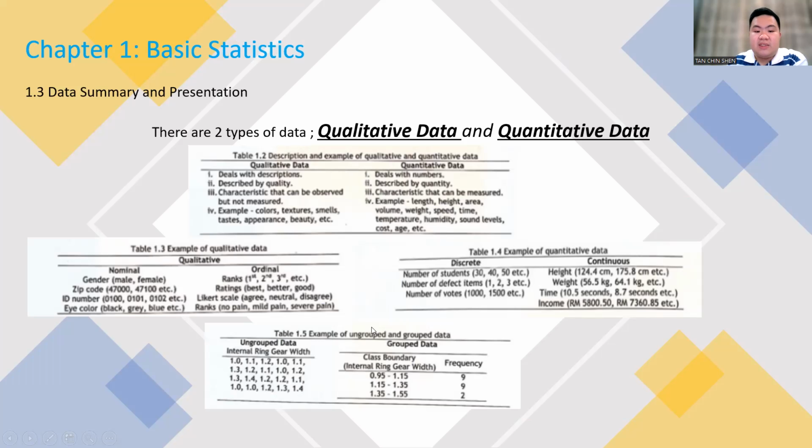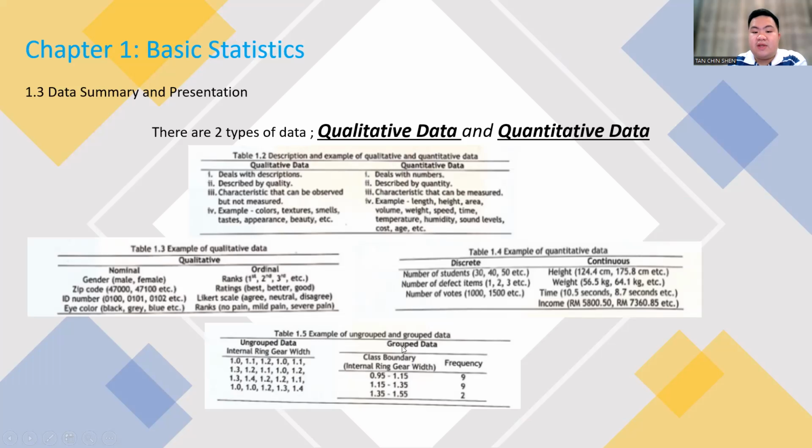So there are examples for ungrouped data and grouped data also. For ungrouped data, it means 1.1, 1.2 are mixed together, and it doesn't tell us the frequency of the values. Let's say here 1.0 has 1, 2, 3, 4, and 5, so it is 5/20.